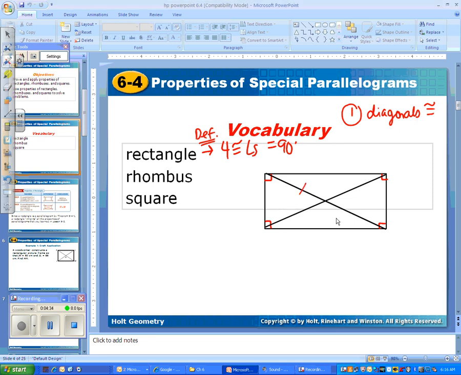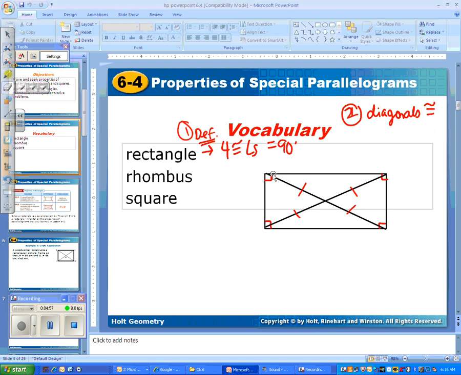That means this part's going to be congruent to this part, and this part's going to be congruent to this part. That's very special about a rectangle. These are the only 2 special things about a rectangle: all angles are 90 degrees, and the diagonals are congruent to each other. Okay, so that's the rectangle, super special.